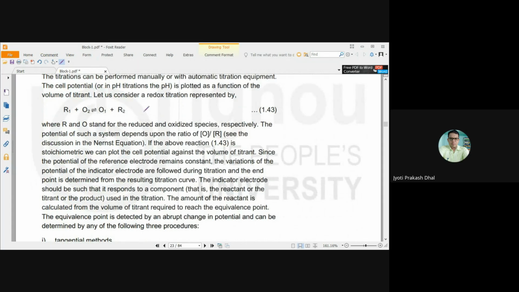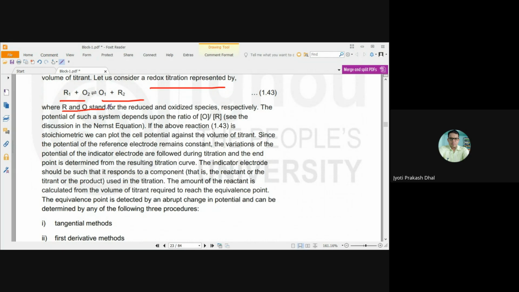Let us consider the redox titration that can be represented as R1 plus O2 gives rise to O1 plus R2. Here R and O stand for the reduced and oxidized species. The potential of such a system depends upon the ratio of the concentration of the oxidized species to the concentration of the reduced species.